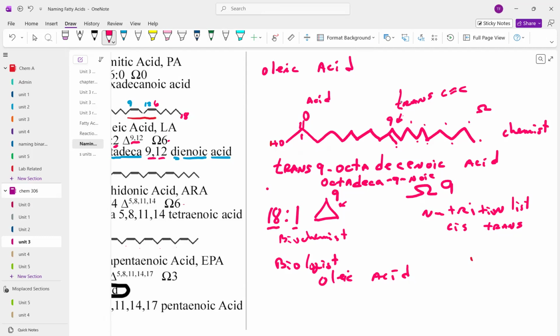It just says where's the first one counting from the end. Where the delta is much more precise. It says how many carbons are there, how many double bonds are there, and where the double bonds are located. And then the IUPAC name, the octadecanoic, also says where the double bonds are.